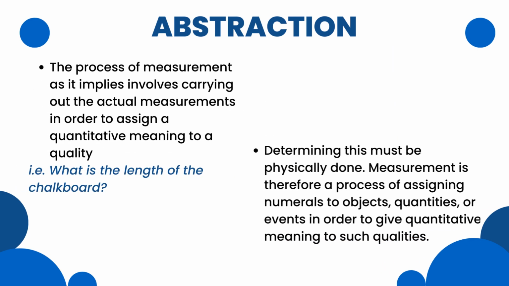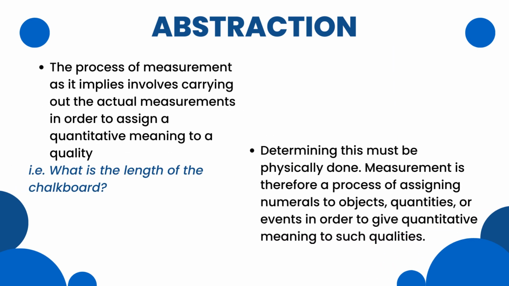The process of measurement, as it implies, involves carrying out the actual measurements in order to assign a quantitative meaning to a quality. For example, what is the length of the chalkboard? Determining this must be physically done. So measurement is therefore a process of assigning numerals to objects, quantities, or events in order to give quantitative meaning to such qualities.